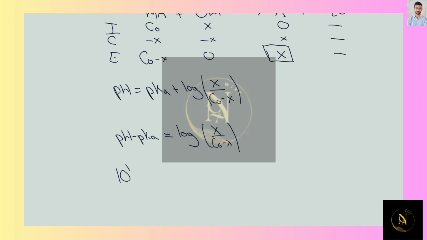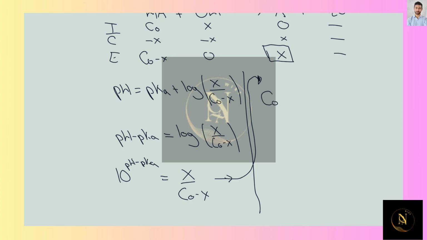So we're going to have 10 to the pH minus pKa, and this will be equal to X over C0 minus X. Next, we're going to multiply by C0 minus X. So we're going to have C0 times 10 to the pH minus pKa, minus X times 10 to the pH minus pKa, and this will be equal to X.